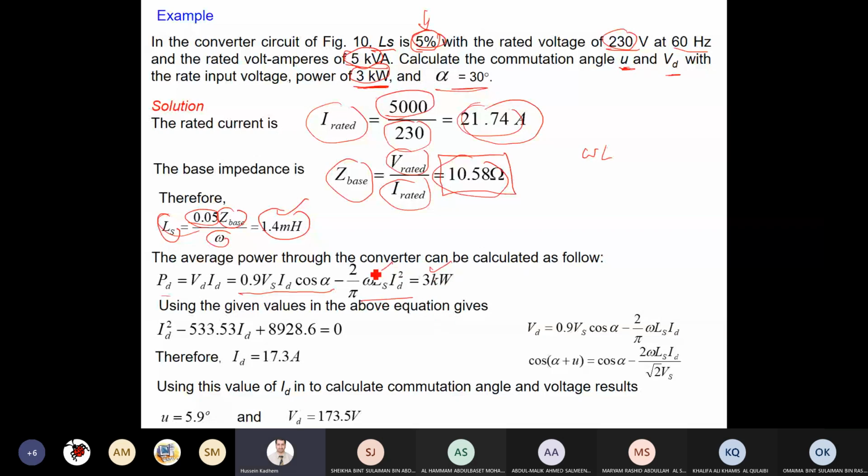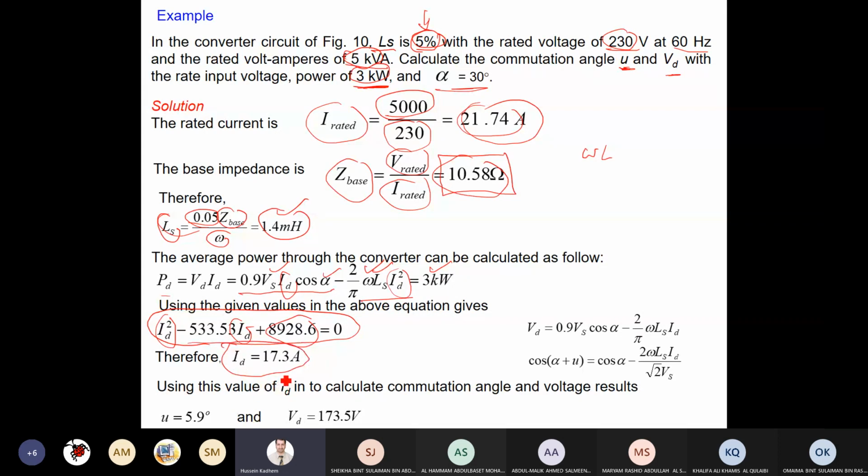LS I already calculated. Omega is 2 pi f. Alpha is given as 30 in the question. Vs is 230. What is left? ID. Here we have ID square, so I rearrange the equation. It looks like a quadratic equation: this is ID square, this is ID, and this is the constant. I solve it by the quadratic formula and I got ID to be this value.